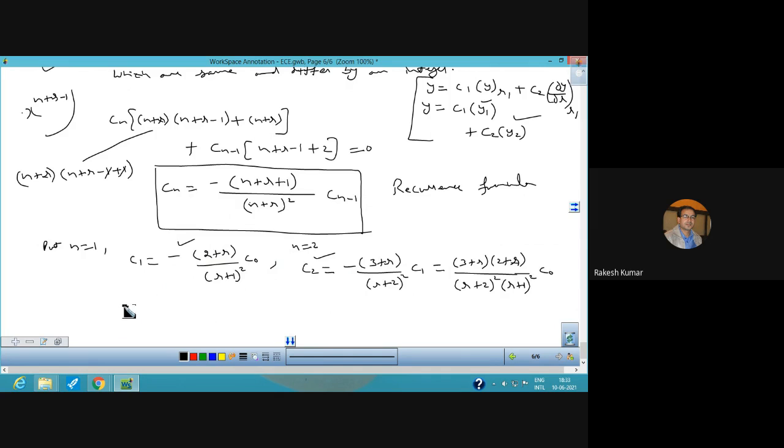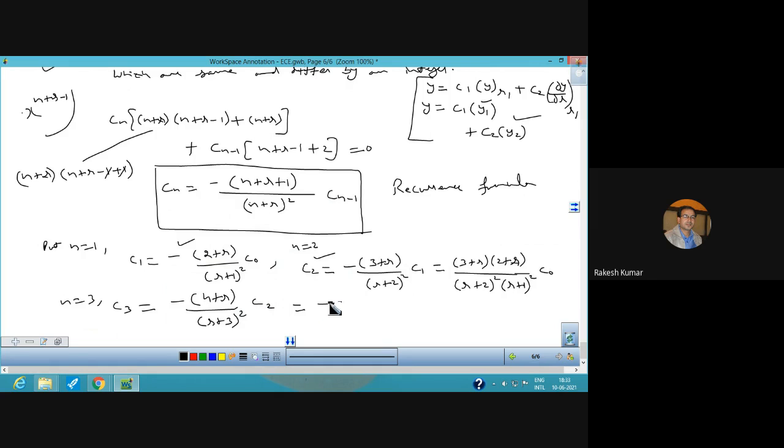Similarly, you can get C3. Let us put n is equal to 3. When you put n is equal to 3 here, you will have negative 4 plus r divided by r plus 3 whole square, and here you will have 3 minus 1 is 2, C2. So the value of C2 can be substituted over here.